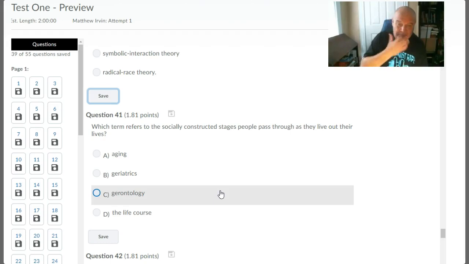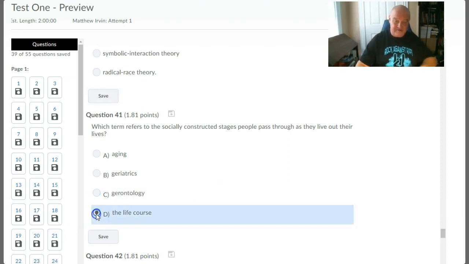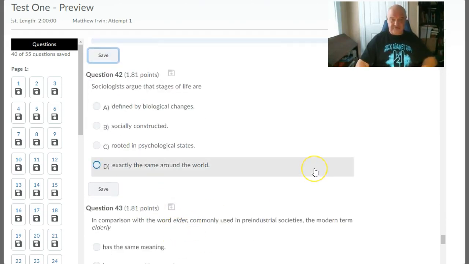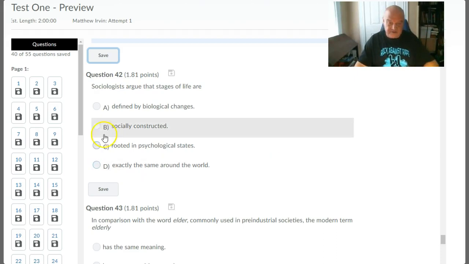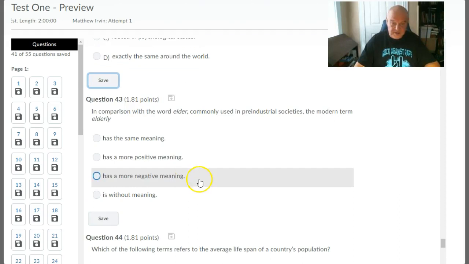Question 41, which term refers to the socially constructed stages people pass through as they live out their lives? That would be D, the life course. Question 42, sociologists argue that stages of life are socially constructed. Question 43, in comparison with the word elder, commonly used in pre-industrial societies, the modern term elderly has a more negative meaning.